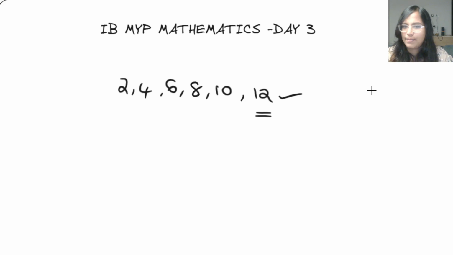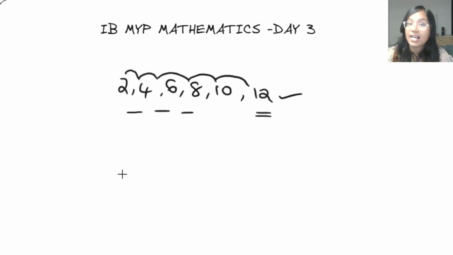The better explanation would be, each number increases by 2. So 2 plus 2 is 4, 4 plus 2 is 6, 6 plus 2 is 8, 8 plus 2 is 10. So the answer will be 10 plus 2, that is 12. Now the explanation becomes stronger, right?